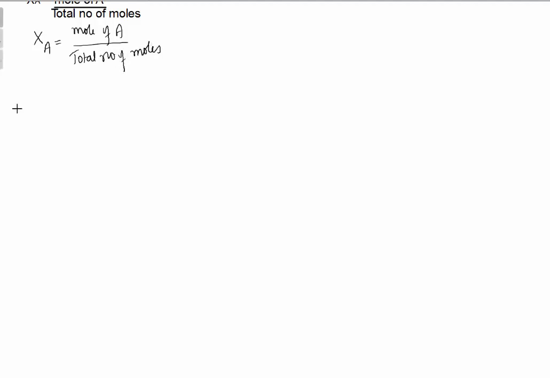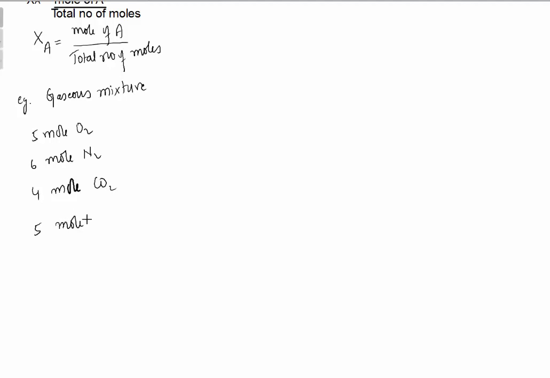For example, if I have a gaseous mixture which has 5 mole O2, 6 mole N2, 4 mole carbon dioxide and 5 mole carbon monoxide, the total number of mole is 20 mole.